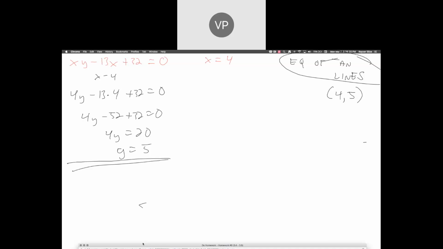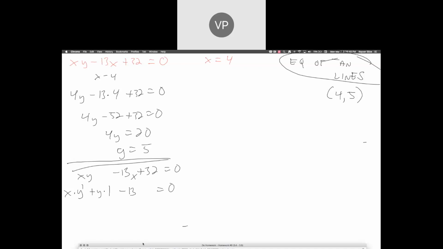it's derivative time. In order to find the derivative of this equation, I have to do the product rule of that first one, that xy. So remember, it's x times the derivative of y, well, that's y prime, plus y times derivative of x, which is just 1. The derivative of negative 13x is negative 13, and then everything's a bunch of zeros.